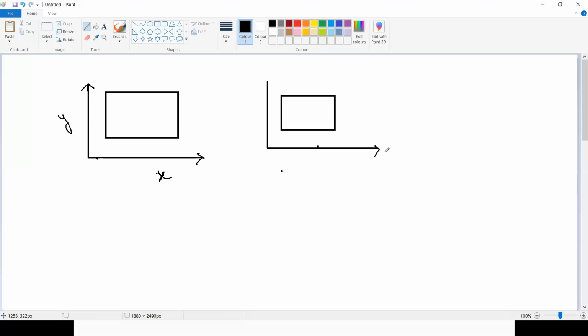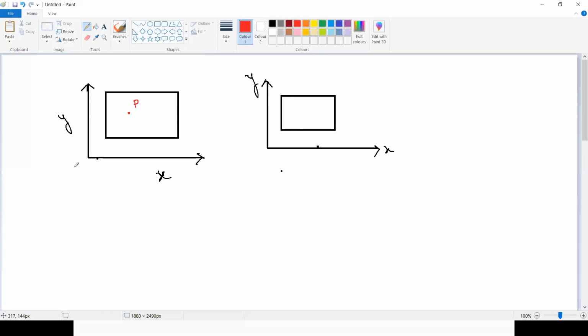This is also x and y axis. Fine. So consider there is a point P in this location. So this is the location of a point P.